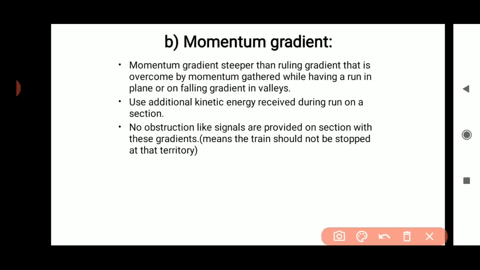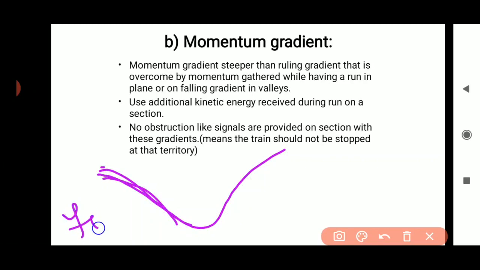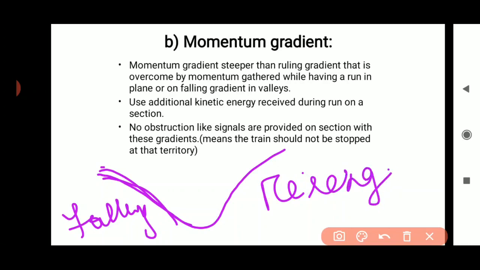So let's take the example of a valley. In the case of a valley, this is the falling gradient, and this is the rising gradient. To overcome this rising gradient, the locomotive should have sufficient momentum.